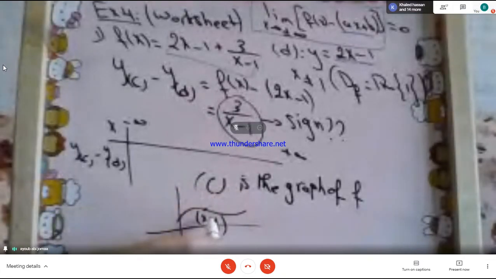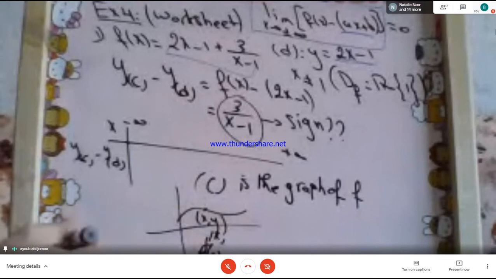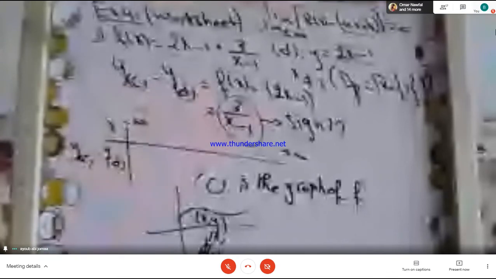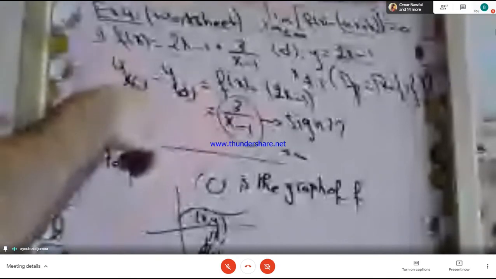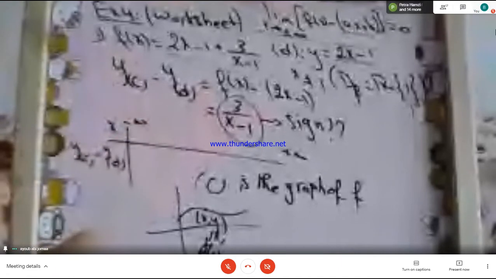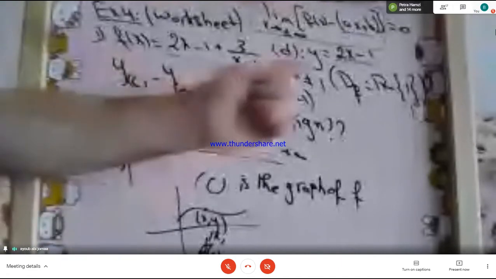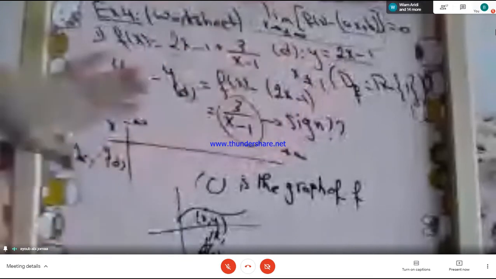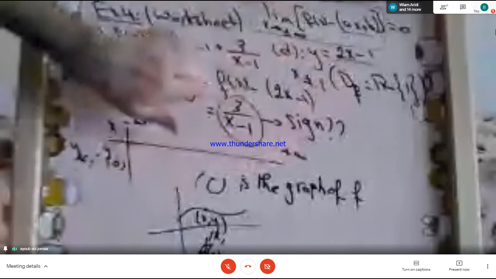Here y is the y of the point on the graph of the function. I called it yc, which is f of x, because any point on the graph has coordinates x, f of x. The y component is f of x. It is just a naming I put like this, yc, that y is f of x. And yd is the y of the straight line. So, if you are given it like this, write f of x minus this.